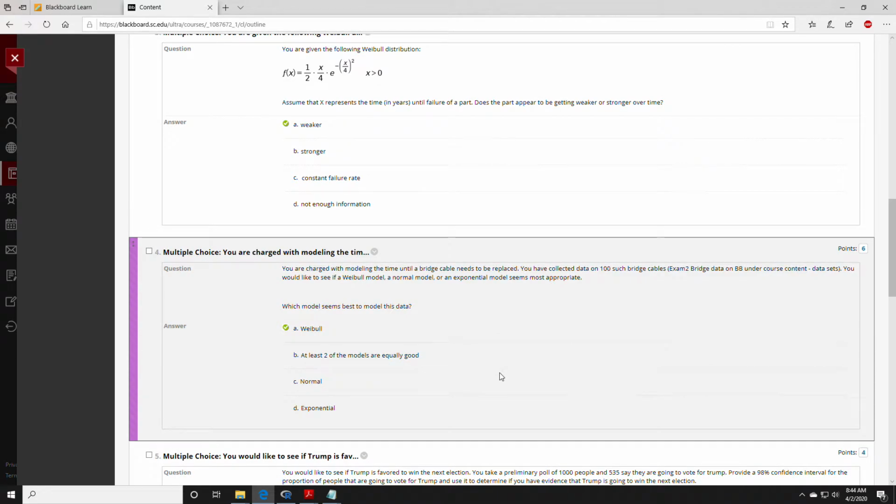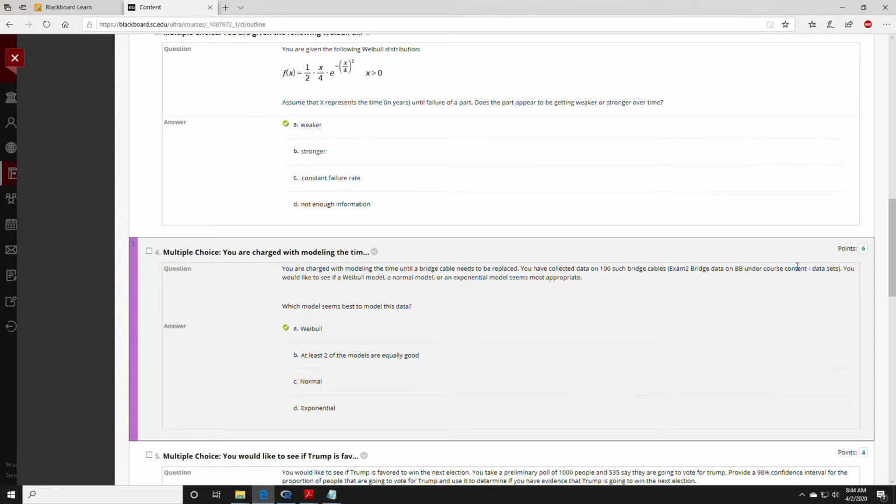Okay, so we're modeling some bridge cable data, time until they need to be replaced. We have 100 observations, and we're trying to determine whether a Weibull, normal, or exponential model seems most appropriate.